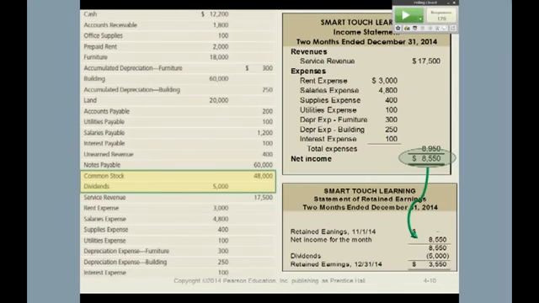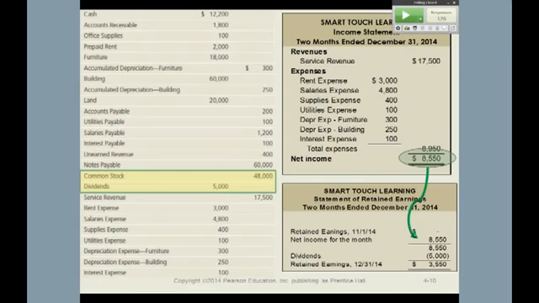Before I get there, any questions on taking, I think it's pretty simple, but I just want to be sure you're taking information from the adjusted trial balance. Now, again, all of these accounts have been adjusted. So, for example, the supplies expense here would have been adjusted for the count of supplies on hand.